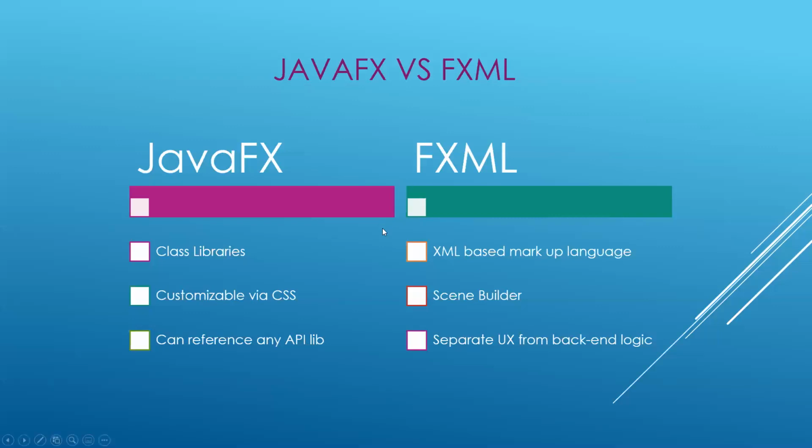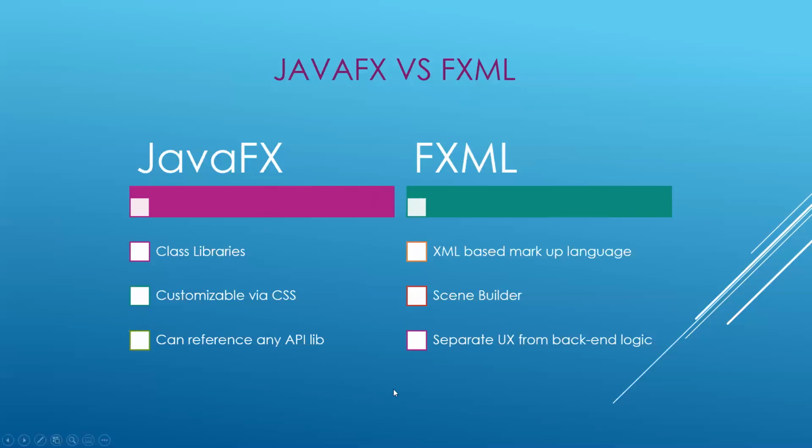This XML-based markup language is really nice because it's a real standard in the industry. Now, again, if you use one of the scene builder tools, the scene builders are usually going to generate this FXML code. And using things this way, we kind of separate our front-end user experience from our back-end Java code.